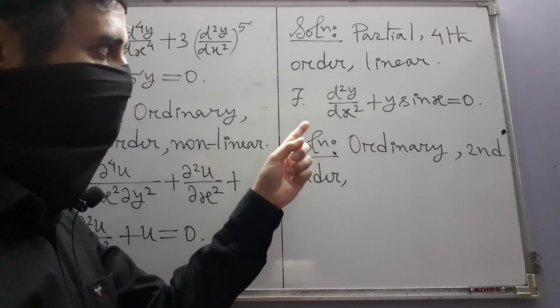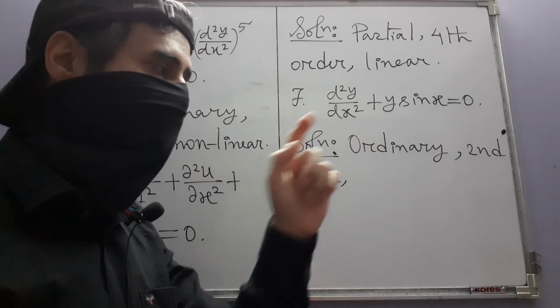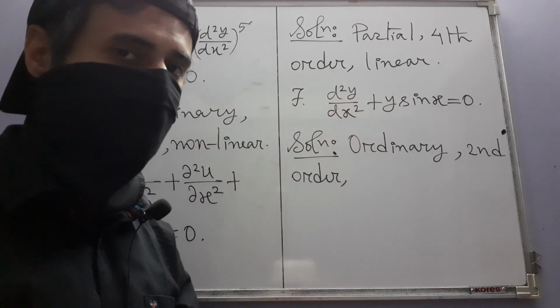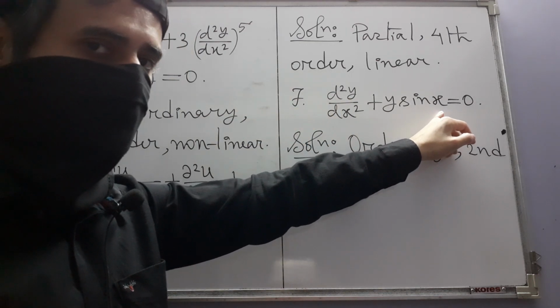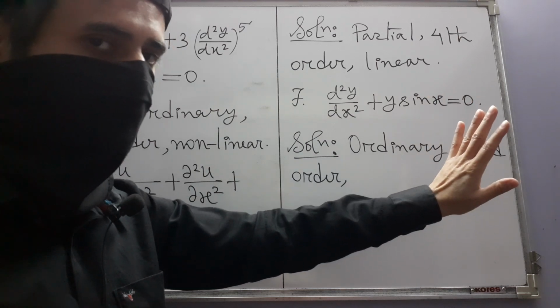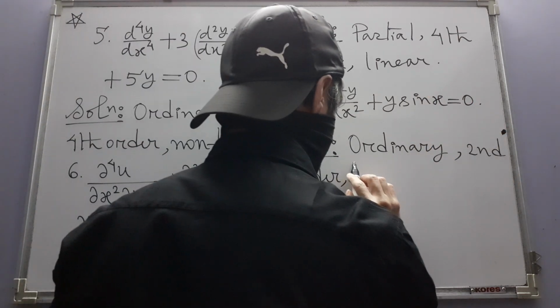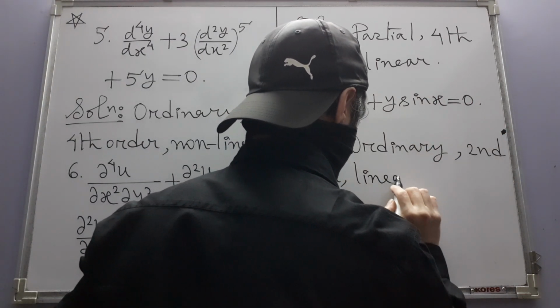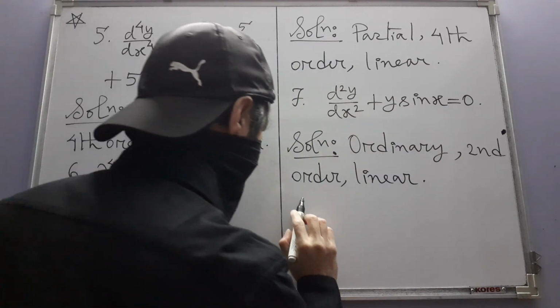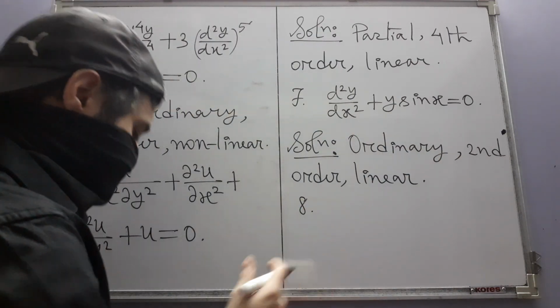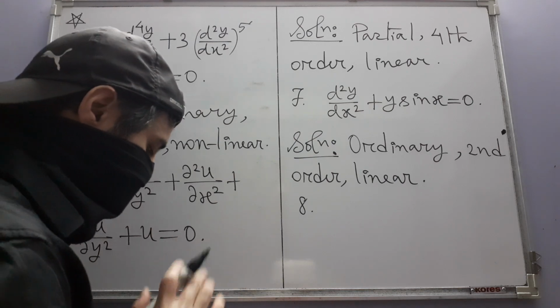And also we do not see any transcendental function of y or its derivative. There is, however, a transcendental function of x that can be present in a linear equation. So this is linear.